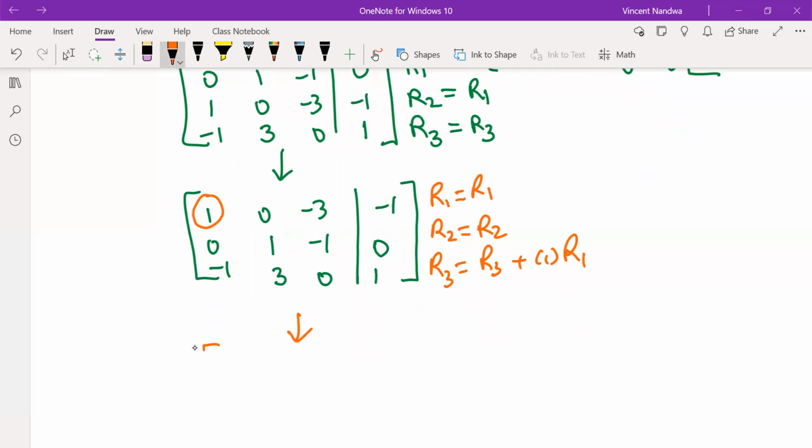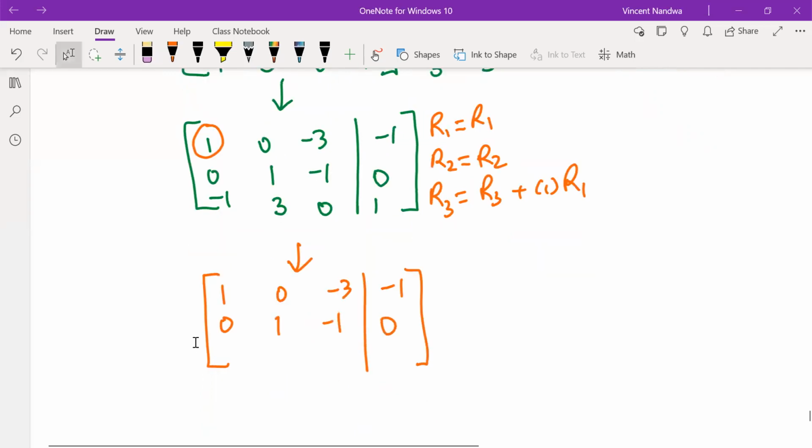This will lead me to 1, 0, -3, -1; 0, 1, -1, 0; then -1 plus 1 is 0, 3 plus 0 is 3, 0 plus -3 is -3, 1 plus -1 is 0.